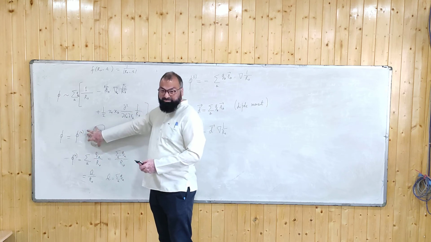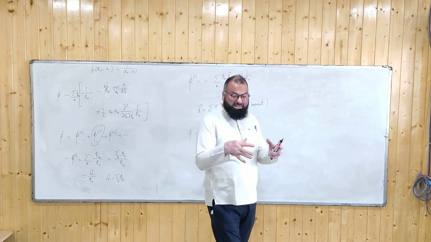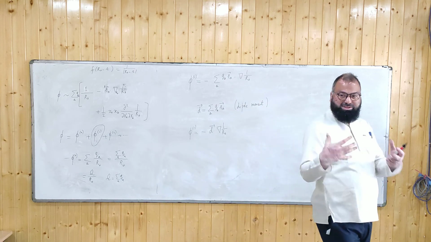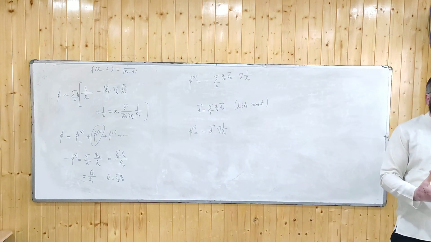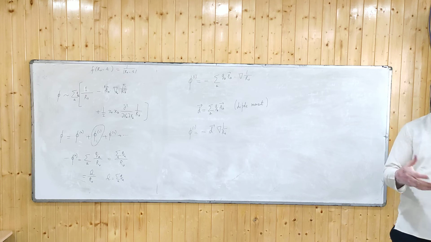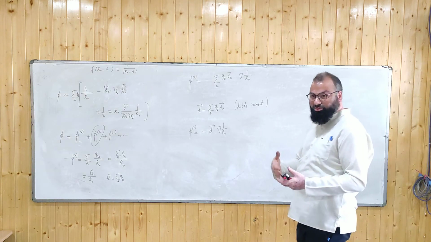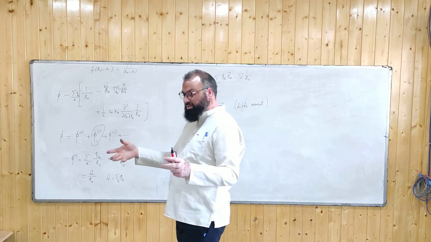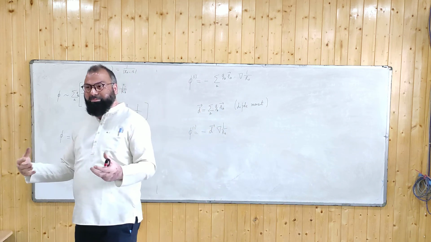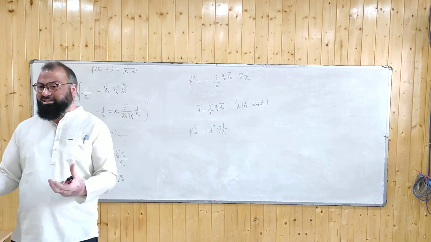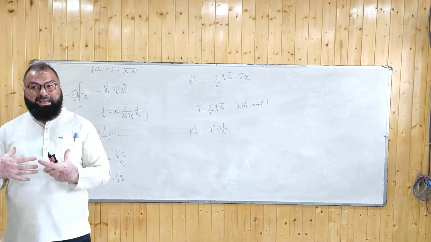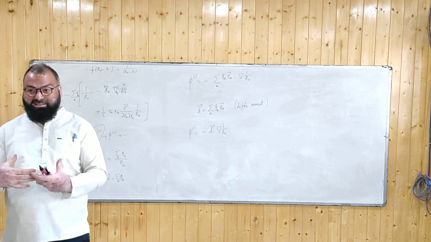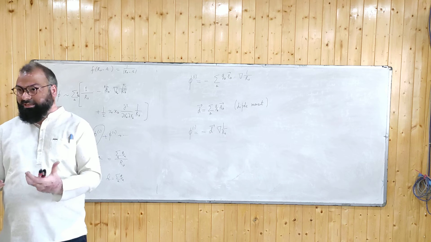So what remains? Phi 1. That means at a larger distance, if the total charge in the system is 0, it looks like a dipole. That is exactly what we are saying. In the usual dipole you study, you consider two centers of charge of equal magnitude. So what is the net charge? It does not look like a point charge at larger distances, but it looks like a dipole. Clear?